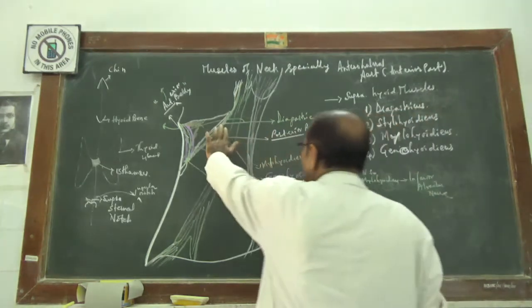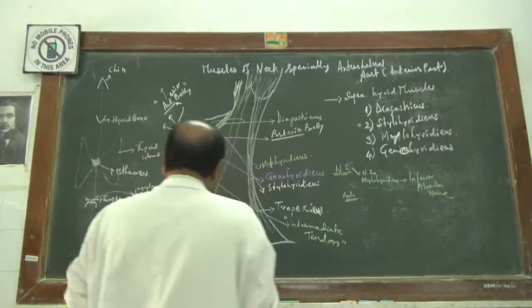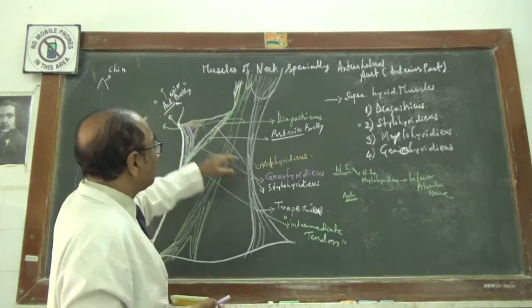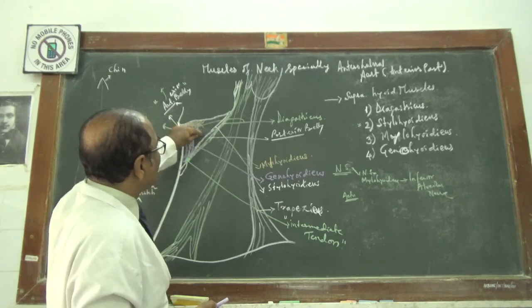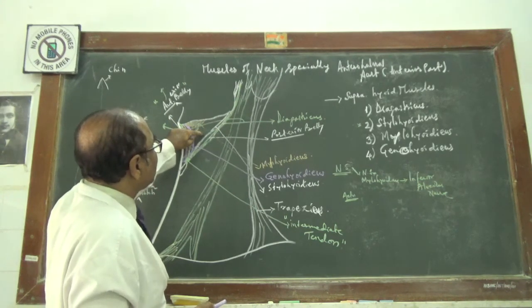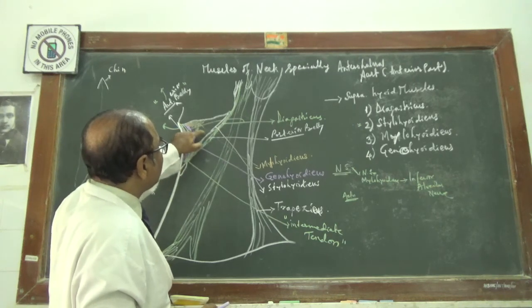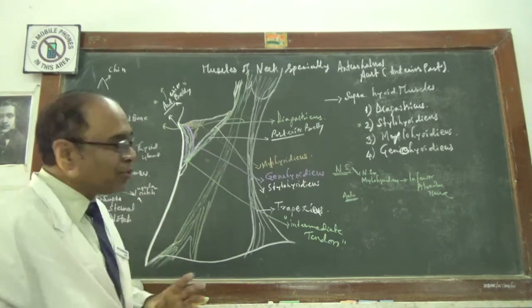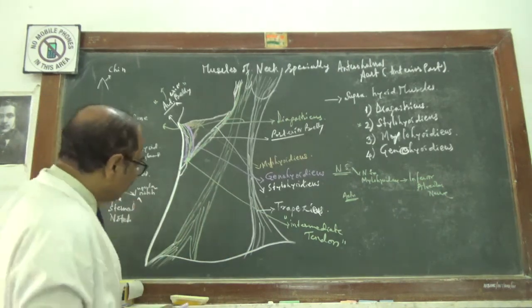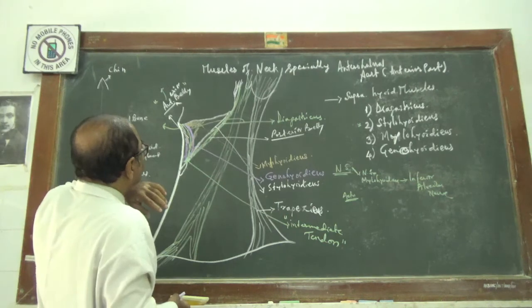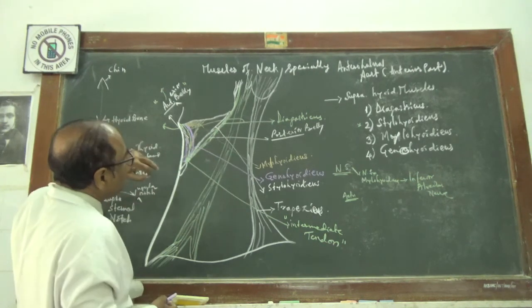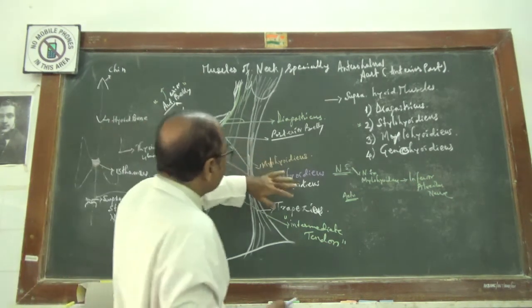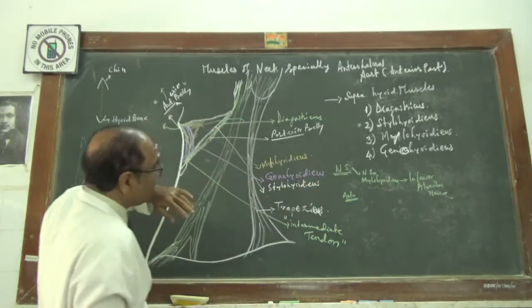So that is the relation. It also forms the lower posterior limit for the digastric triangle and the upper front limit for the carotid triangle, same as the posterior belly of the digastric. And this is about the stylohyoideus.